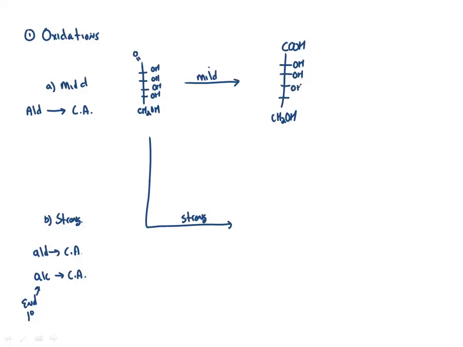And you should also be familiar enough with these functional groups that you might see it drawn like that, or it's the same if that top is drawn like this, right? Meaning if they show the double bond to oxygen, or if they call it a COOH group, that part should be the same. And then if I do it strong, what that means is that both ends of the molecule are turned into a carboxylic acid functional group. Otherwise, everything else stays the same.